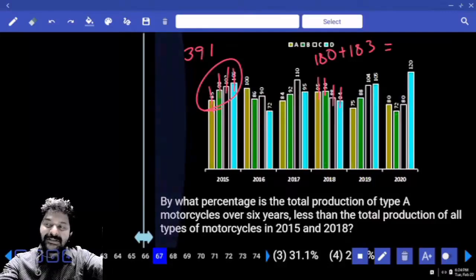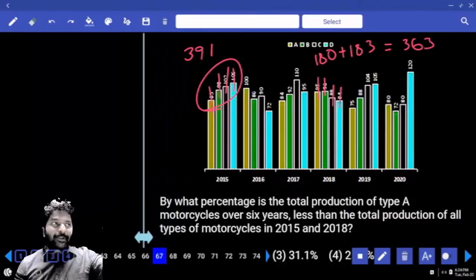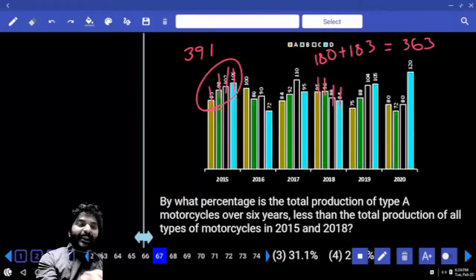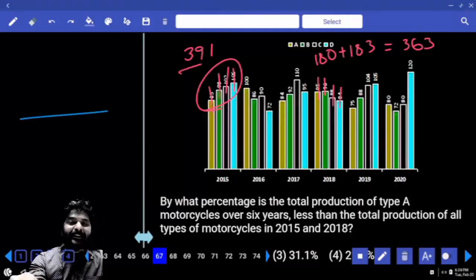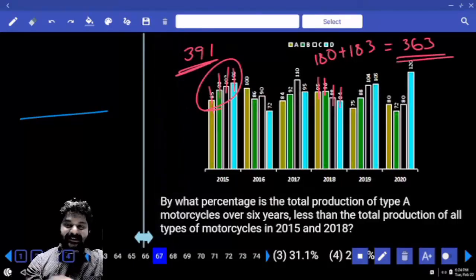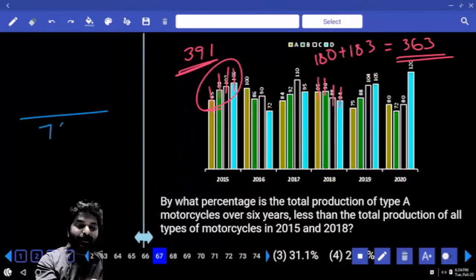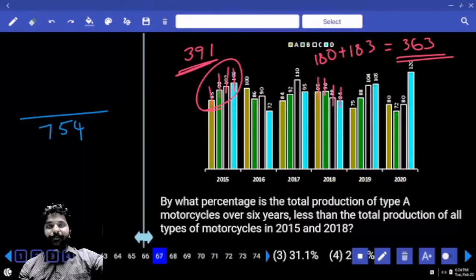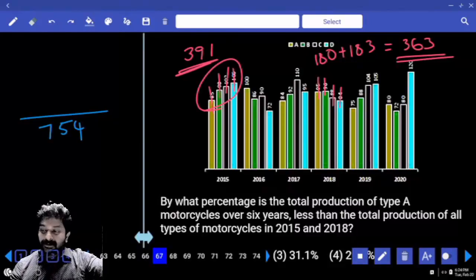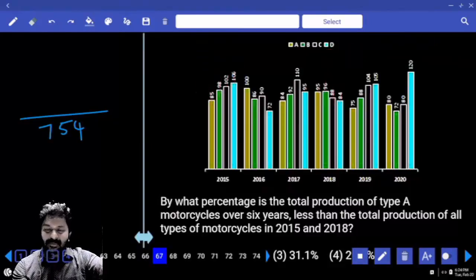Sum of these two numbers? 363. So 2015 and 2018 both together it is 391 plus 363, which is equal to 754. With respect to this we have to calculate the percentage.